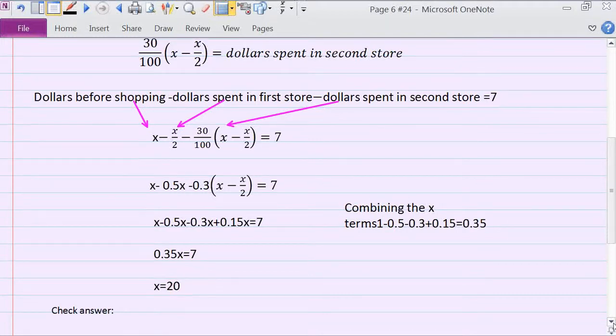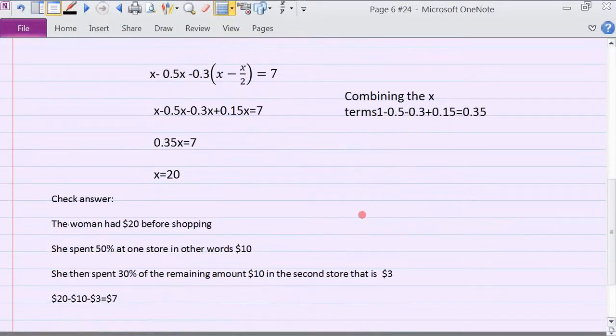This means that the lady had $20 before she started shopping. Now, she spent 50% at one store, in other words, $10. So she was left with $10. 30% of the remaining $10, because she started with 20 and spent 10 in the first store. 30% of the remaining $10 is $3.